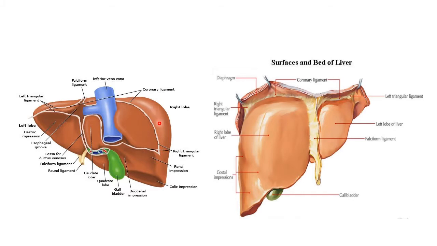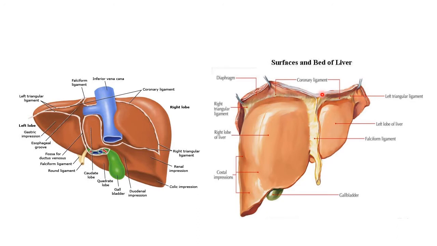Now this is another image showing you the different ligaments, and this is important because now you can see, in the previous slide I told you that the coronary ligament attaches the liver to the lower surface of the diaphragm.